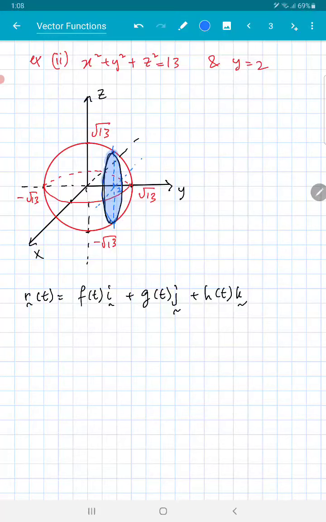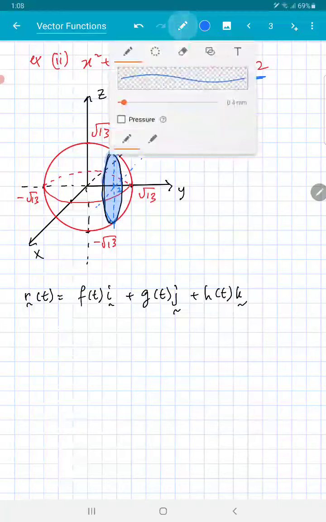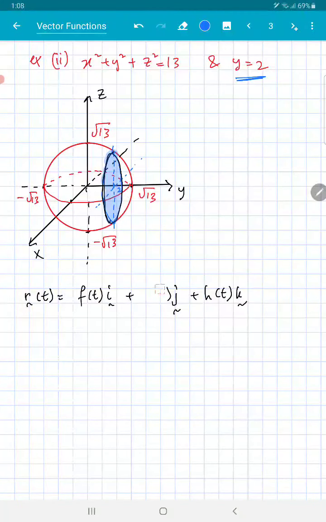Now you can see that one of the components is always the same value; it doesn't change. All the points on the intersection curve have a y coordinate that is always 2. So the y component is always 2, and only x and z change.